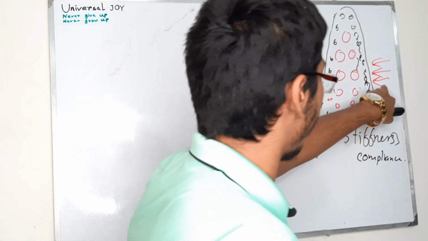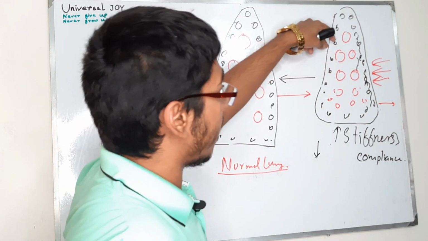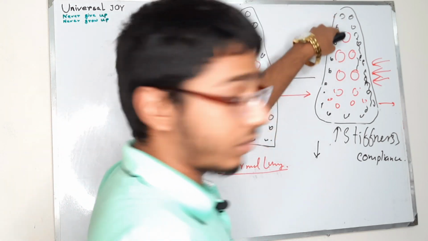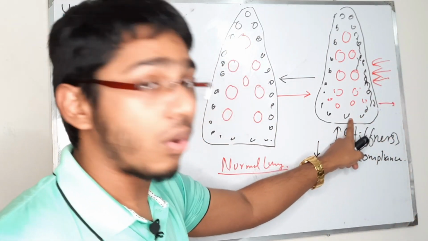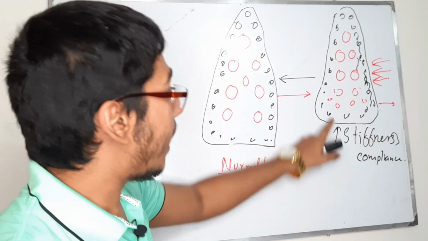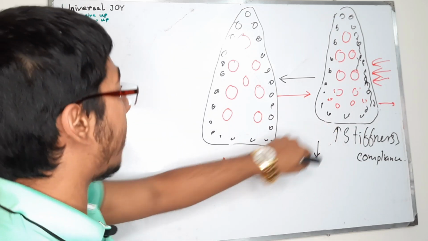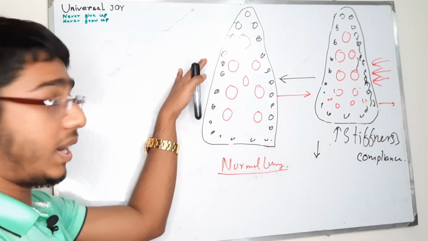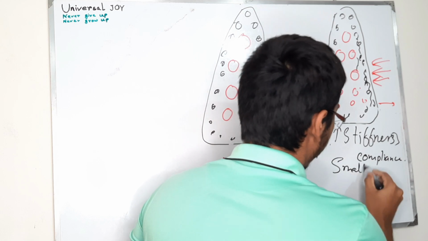So due to the more stiffness, due to the fibrotic diffusion, or due to the fibrosis of the lung, will the elastic recoil tendency of the lung be increased or decreased? Obviously it will be increased. That is the major reason why the lung will be smaller in terms of volume as compared to the normal lung. Lung will be smaller in size.